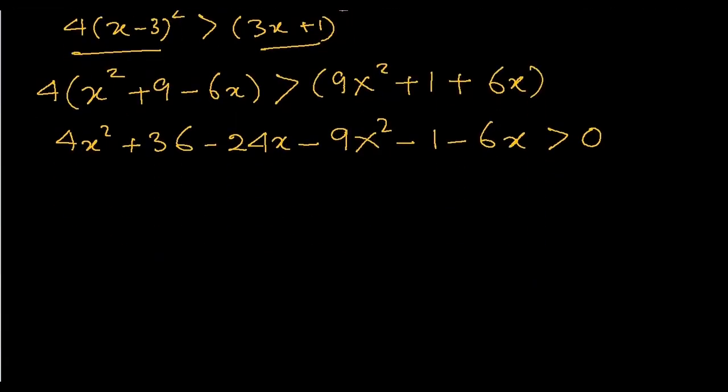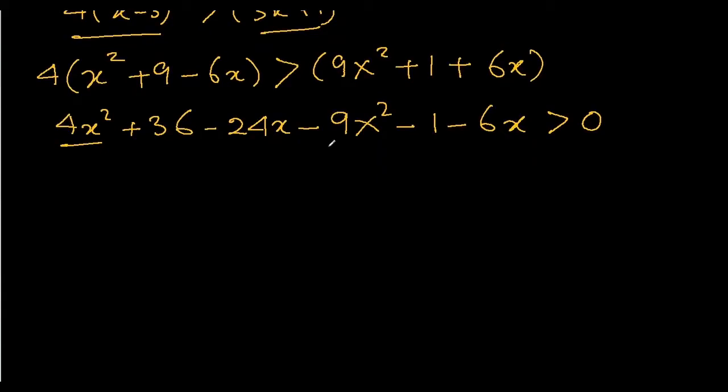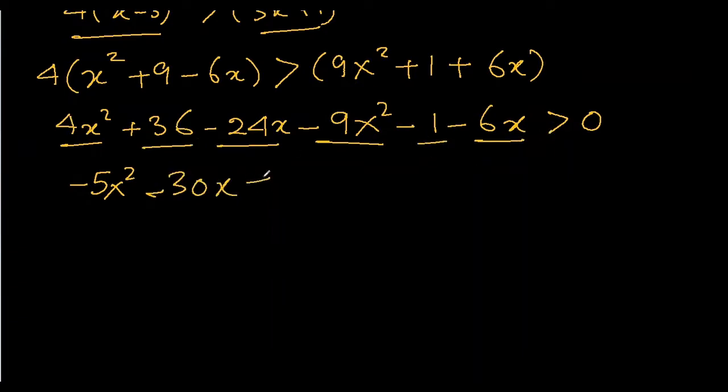So now 4x squared minus 9x squared is minus 5x squared, minus 24x minus 6x will be minus 30x, 36 minus 1 is 35, plus 35 greater than 0. So it becomes a quadratic.